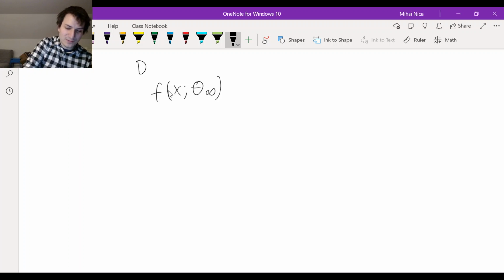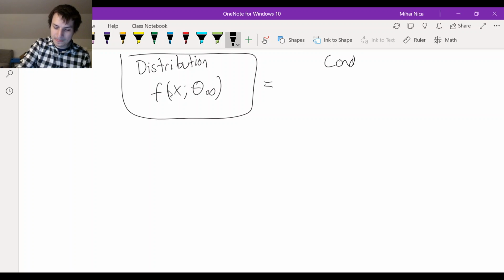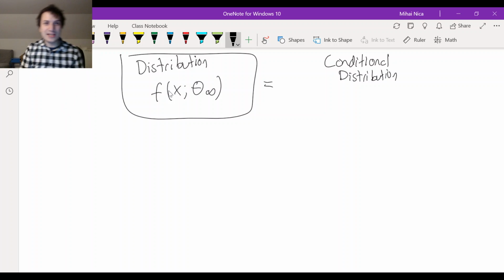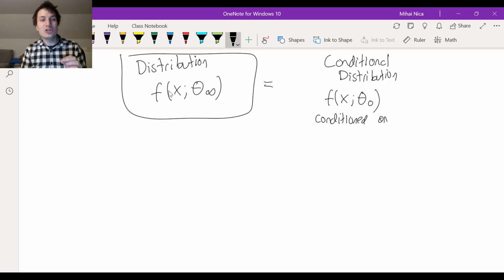The distribution of this guy, so thinking of it as a random variable, its distribution is equal to the conditional distribution of something else. And what is it equal to? The conditional distribution of what it is at time 0, so on initialization, conditioned on the event that the training data is perfectly fit.